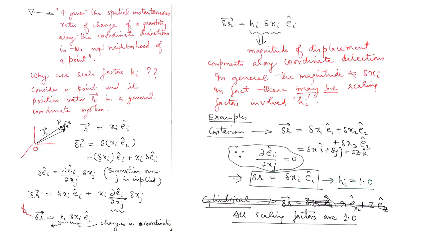So even if you ignore the fact that partial derivatives of unit vectors can be treated as simply equal to some unit vectors, even then xi is the additional factor present there.